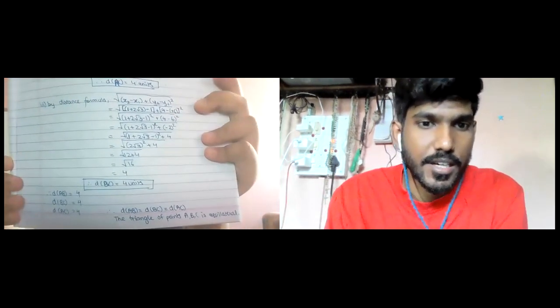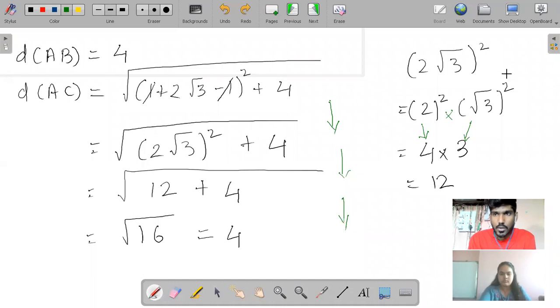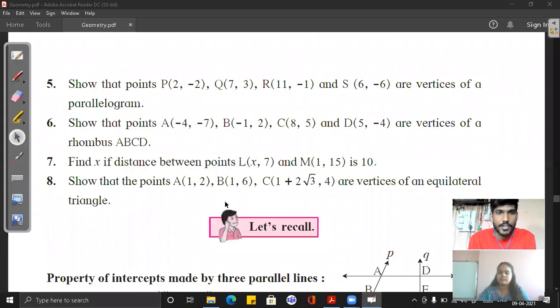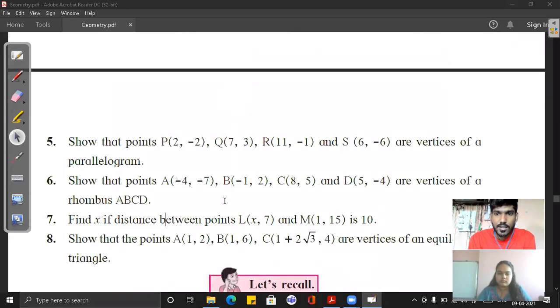Yeah, it's correct. I've written the last sentence also. Yeah. So all three sides are equal, hence it is an equilateral triangle. Yes, I've written that. So with that, we finish the first exercise.